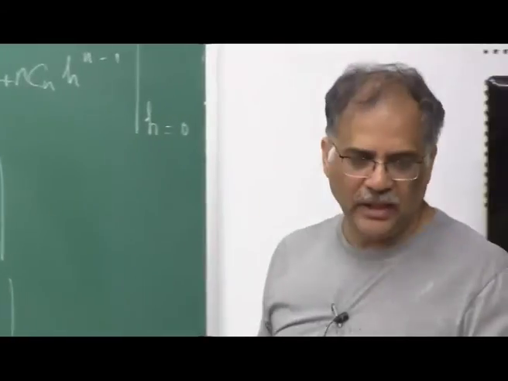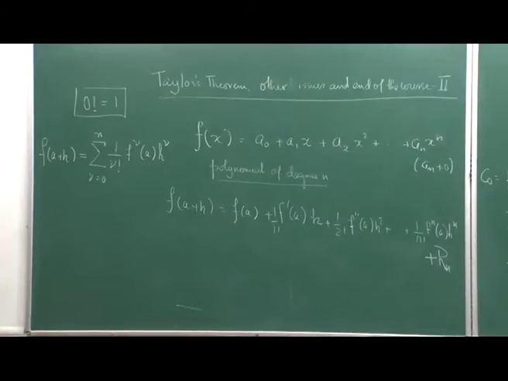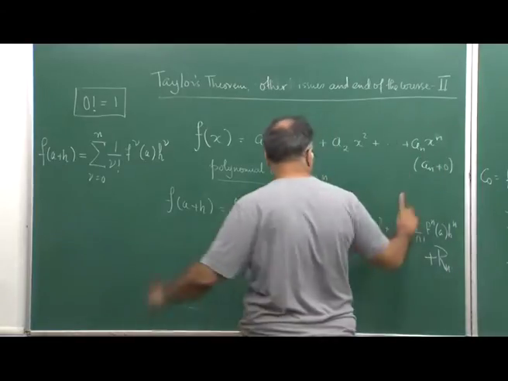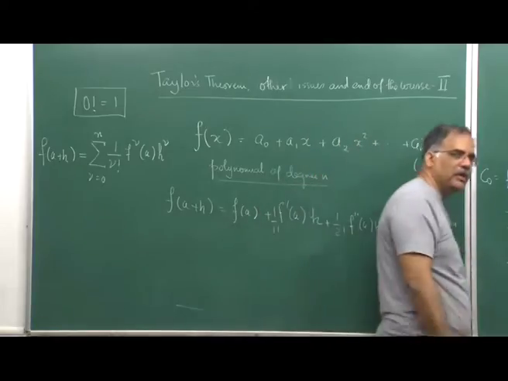So, Lagrange figured out that if there is the n plus 1th derivative, which need not be continuous, I can write the remainder term in terms of that. That is, f of a plus h minus this part can be written in terms of the n plus 1th derivative.